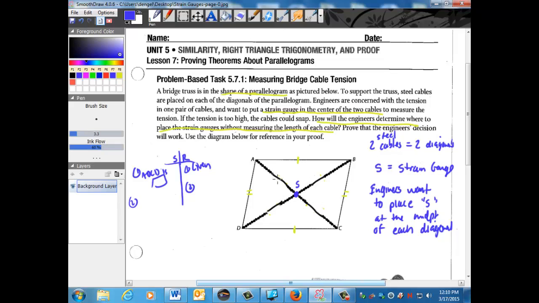So that's our goal: we need to prove that this triangle is congruent to this triangle. I didn't mean to put one here, but just that these two triangles are each the same. And if we can prove that they're each congruent, then by CPCTC, I can put these marks back up.